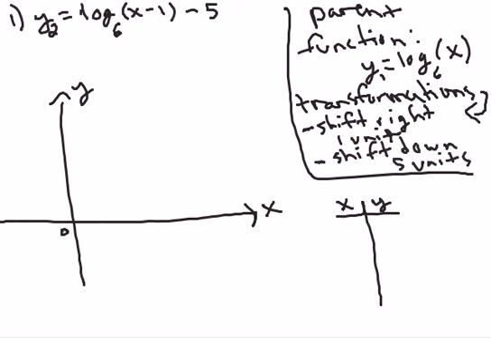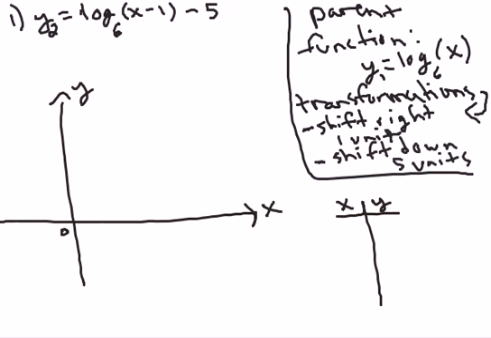And I kind of want to be smart about the points I pick, because with logarithms, just like exponents, there are certain values that make it a little bit easier to graph than others, whether the numbers are too big or too small. You can run into a whole lot of different things.